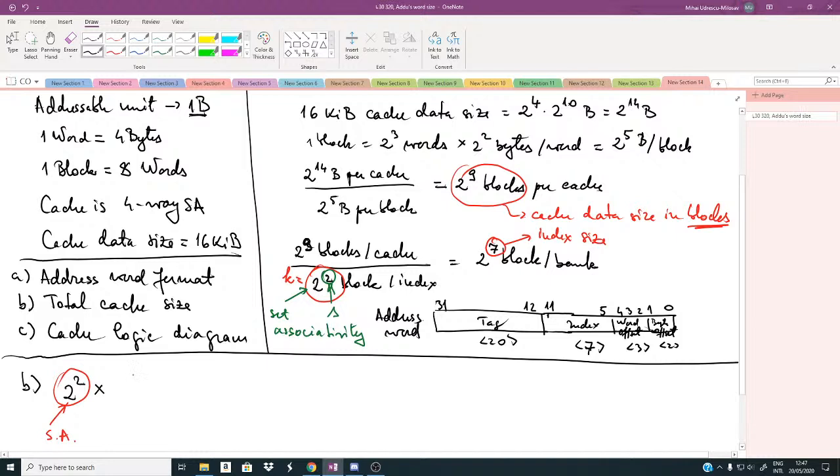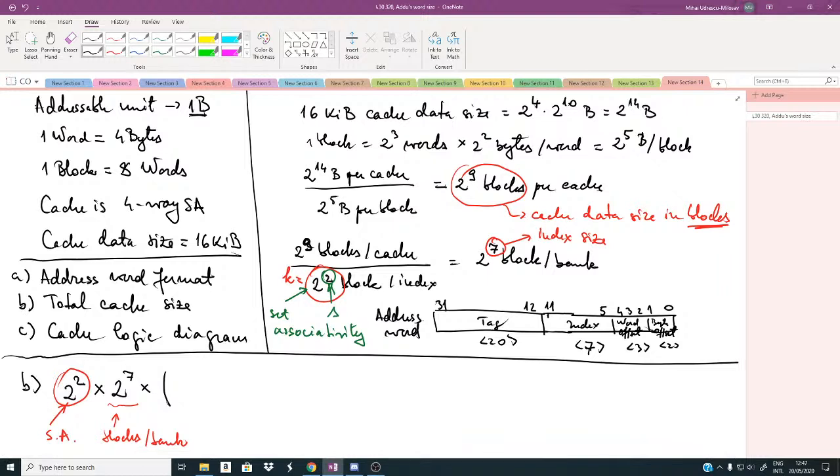Times 2 to the power 7, and these are blocks per bank, or cache lines per bank, it is the same thing.